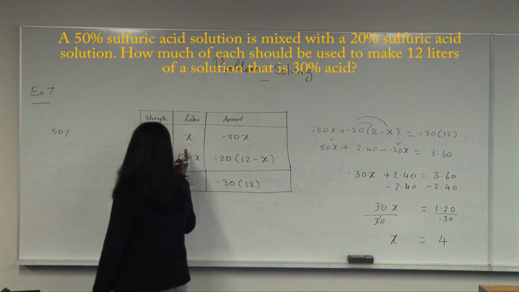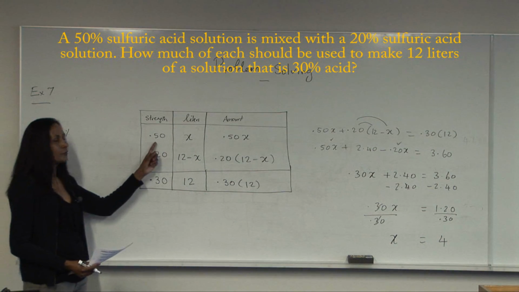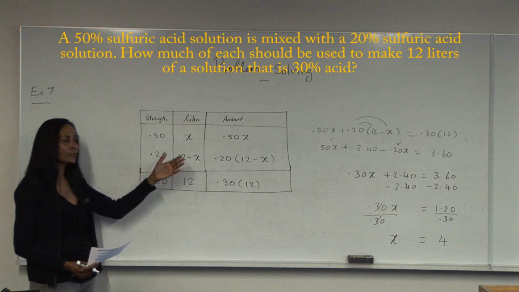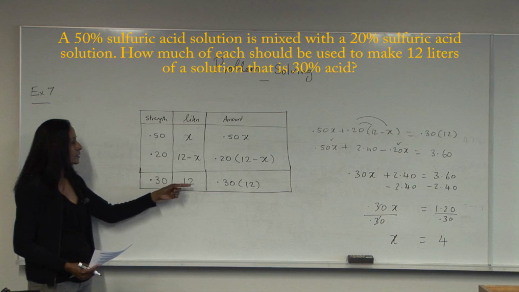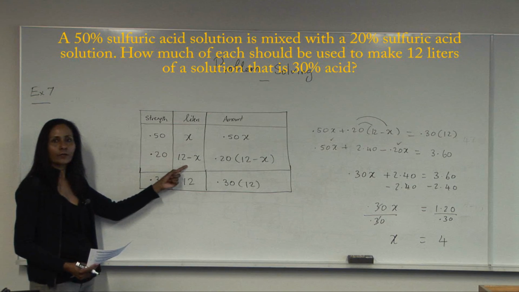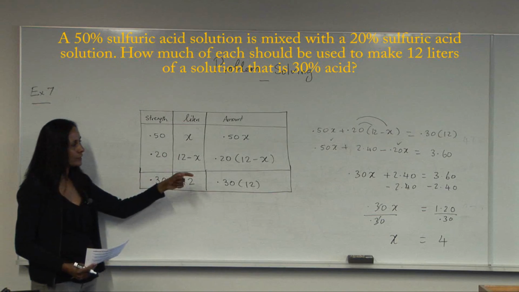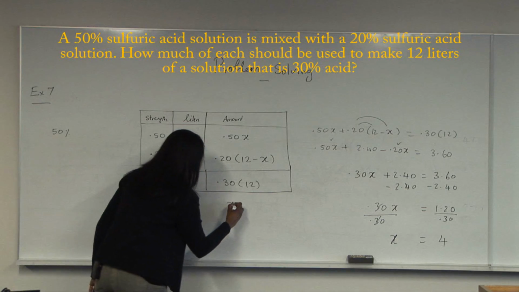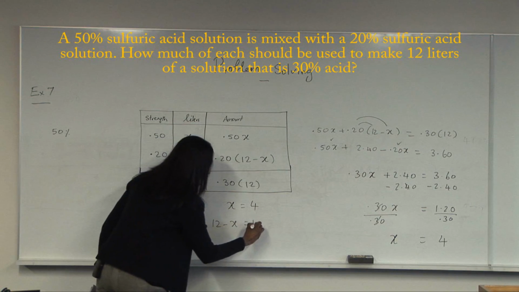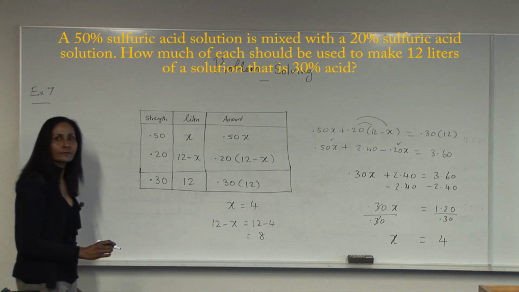What is your x? That is those many liters of 50% solution. We are asked to find how many liters of each are added to get 12 liters. So first we found x, we have to find the other one. The other one is going to be 12 minus x. So x is equal to 4, and 12 minus x is 12 minus 4, which is nothing but 8.